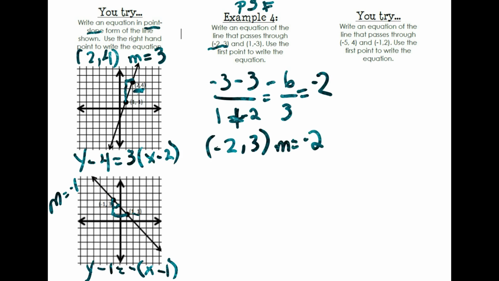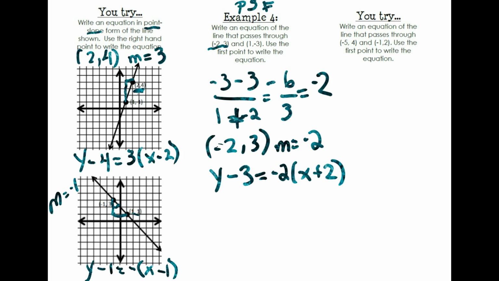Then in point slope form, we have y minus 3 is equal to -2 times x plus 2, because that will be subtracting. Now, y'all, this is point slope form. Now, you know how we use the 5-step rule? We can use point slope form to write the equation of the line in slope intercept form. And don't write this down.